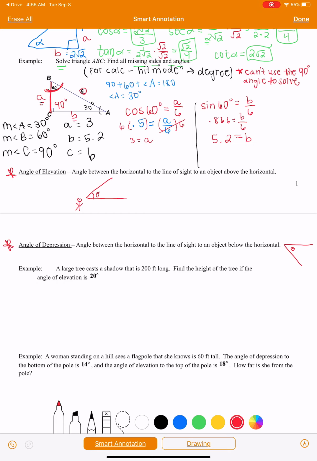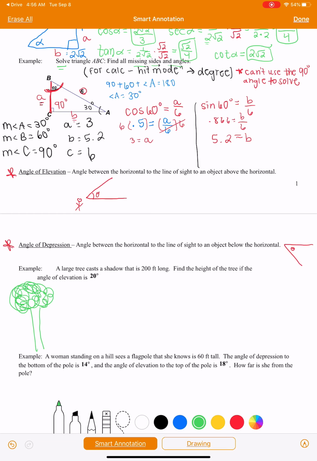Okay, so let's do an example. A large tree casts a shadow that is 200 feet long. Find the height of the tree if the angle of elevation is 20 degrees. So I'm just going to go ahead and draw a picture. Don't judge my picture. Okay, so this is my large tree.